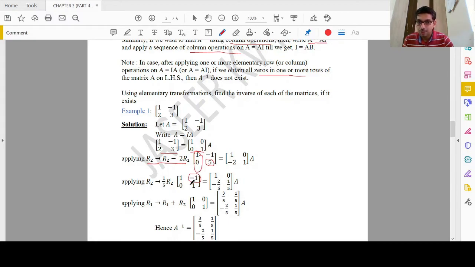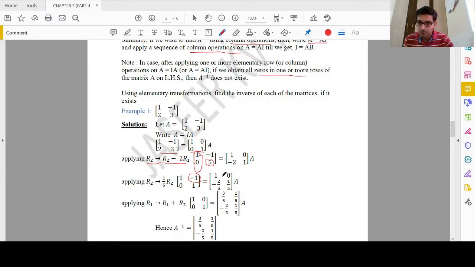In order to get 0 here, I used the transformation R1 changes to R1 plus R2. That means the first row is changed to the first row plus the second row. So the left hand side becomes [1 0; 0 1]. A similar transformation is to be used on the right hand side also.